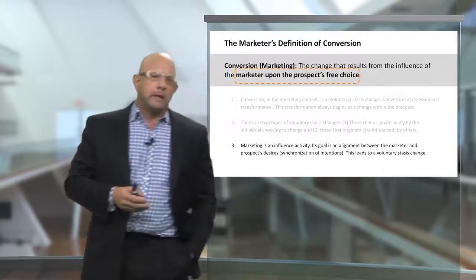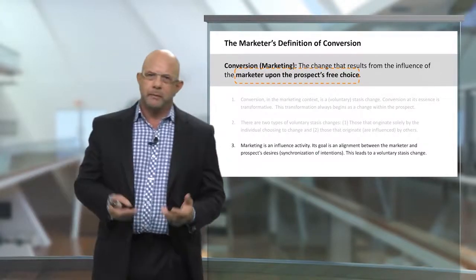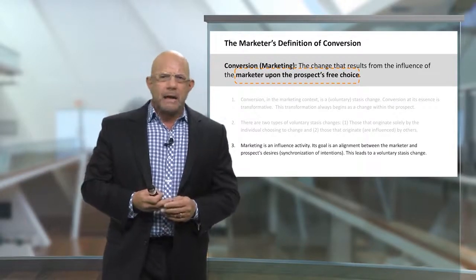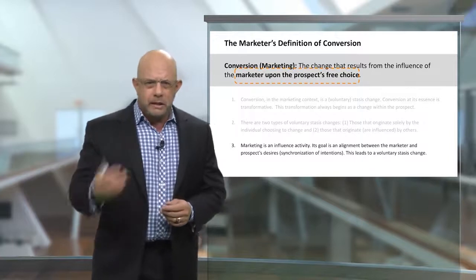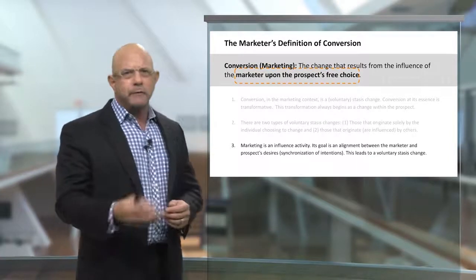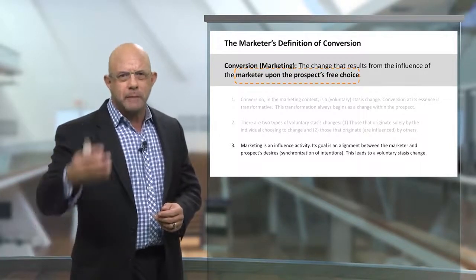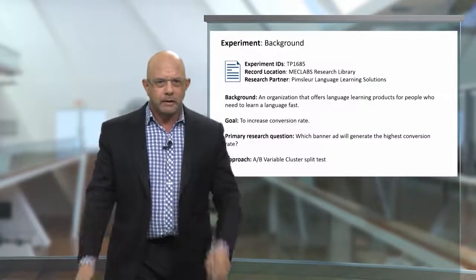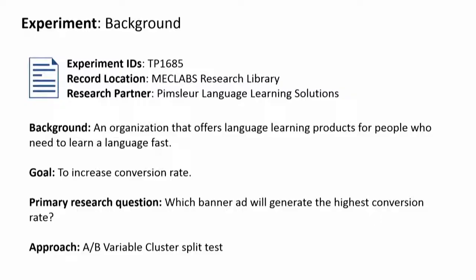Marketers, when you understand marketing in this light, it gives you a different way to come to work. You're not about talking people into things and hyping them, but rather about communicating clearly the right information to the right person so they can make the right choice. So as you think about conversion in that context, let's look at an example that we saw in a recent set of experiments. This is Test Protocol 1685.